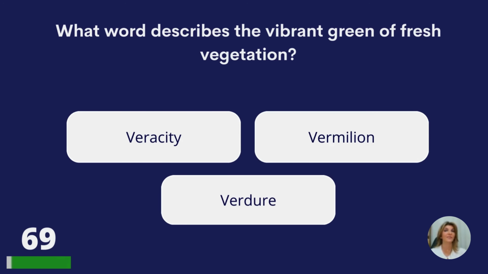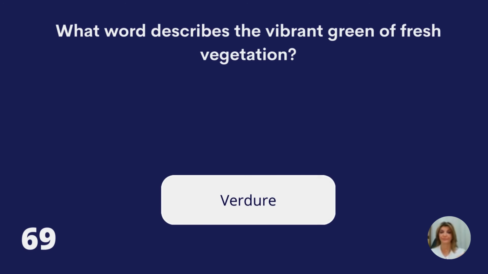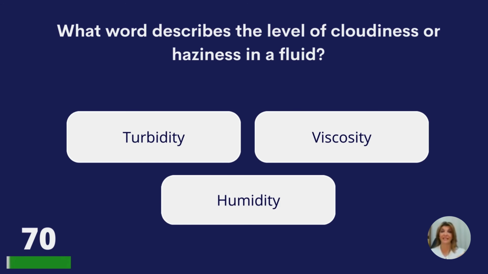What word describes the vibrant green of fresh vegetation? Veracity, vermilion, or verdure? Verdure. What word describes the level of cloudiness or haziness in a fluid?